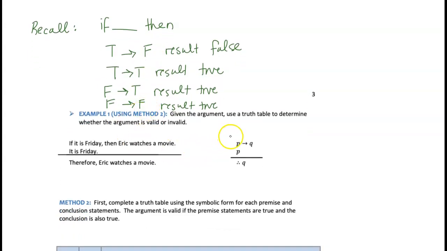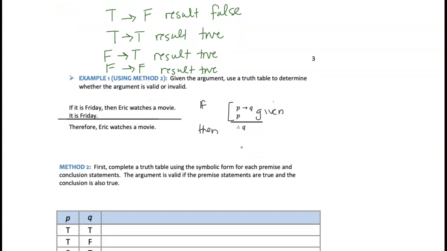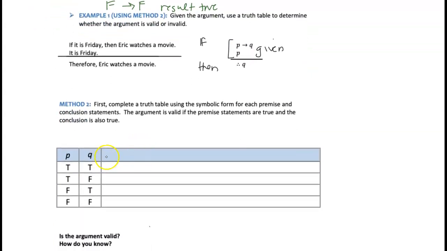Let's take a look at our premise statements. Again, we're trying to think of if our premise statements are given, then our consequent will tell us whether our argument is valid or invalid. So let's take a look at premise statement 1, and then we're also going to take a look at premise statement 2.